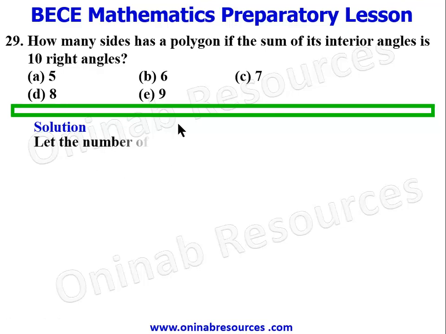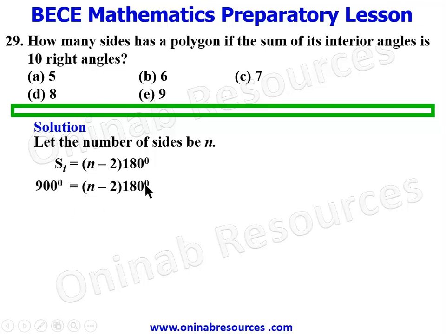So we say let the number of sides be n, and we know the sum of interior angles is n minus 2 times 180. Since the sum of the interior angles is 900, we say 900 is equal to n minus 2 times 180. Expanding this, we have 900 equal to 180n minus 360.